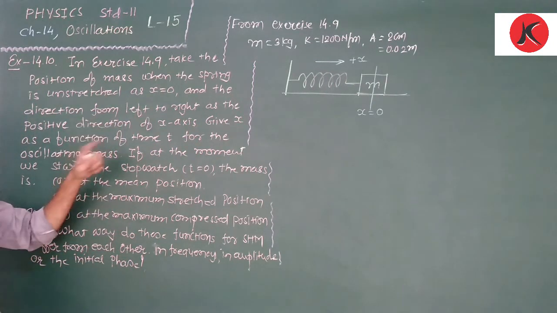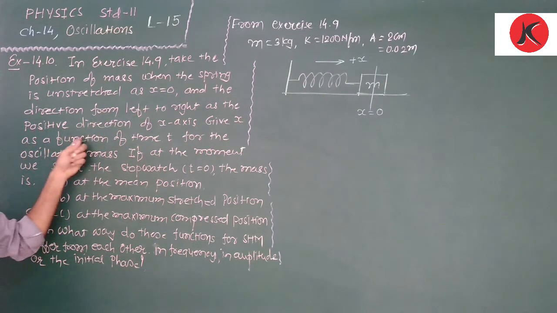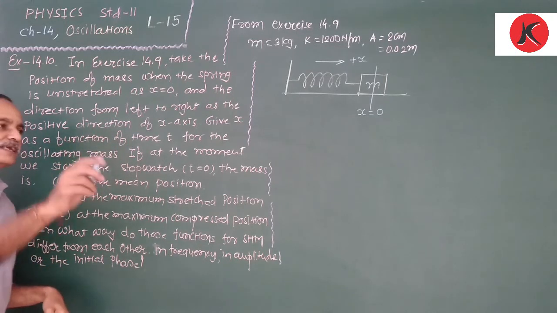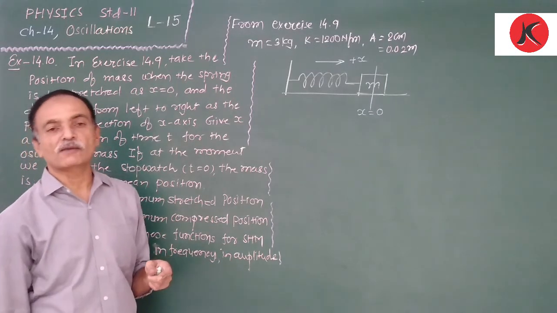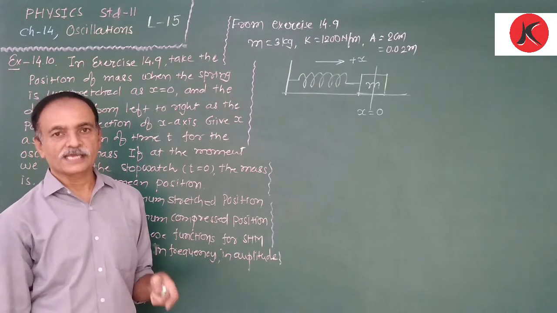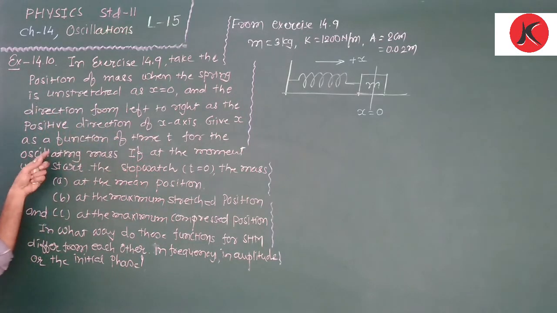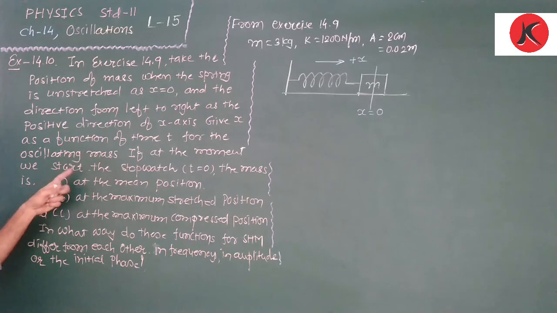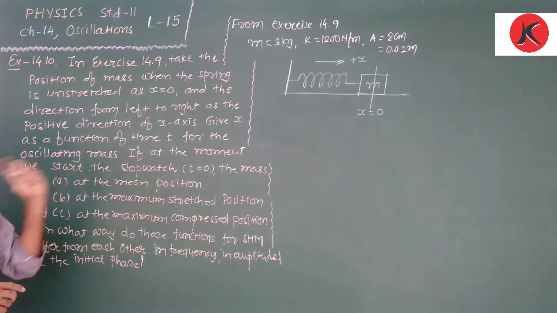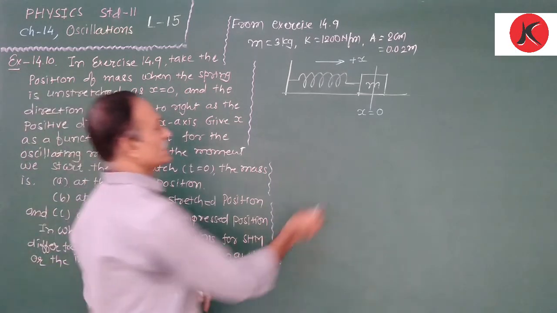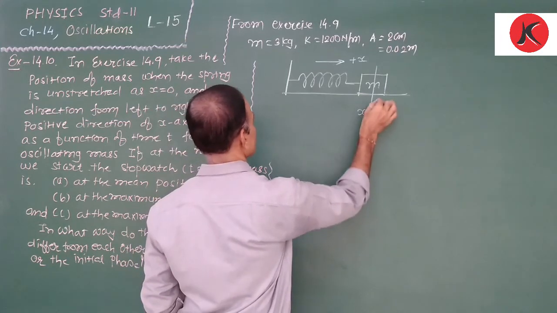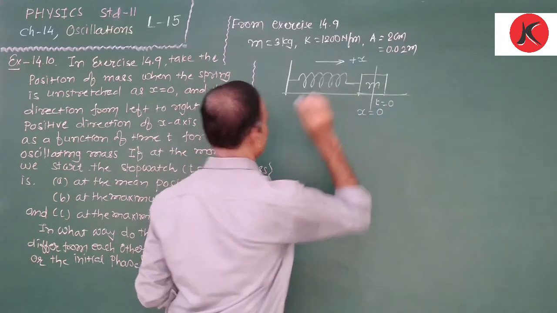Positive direction of the x-axis. Give the x as a function of time. That means we have to derive the equation of simple harmonic motion in 3 different positions, time t for the oscillating mass. If at the moment we start the stopwatch, t equal to 0, the mass is at first the mean position. At this position, time t is equal to 0.